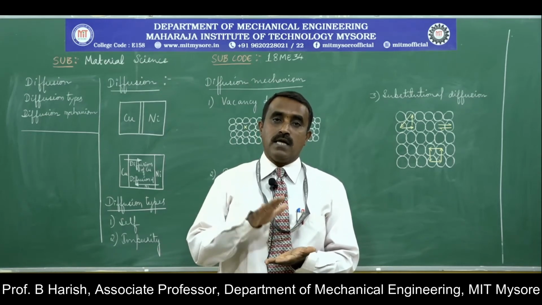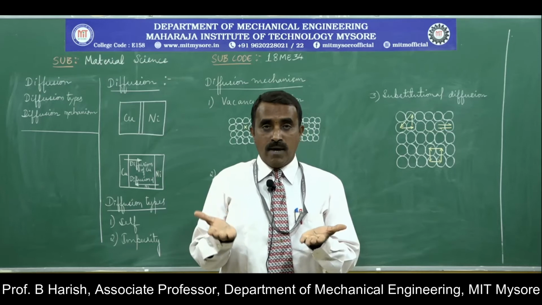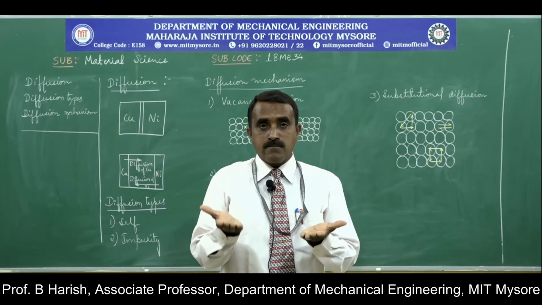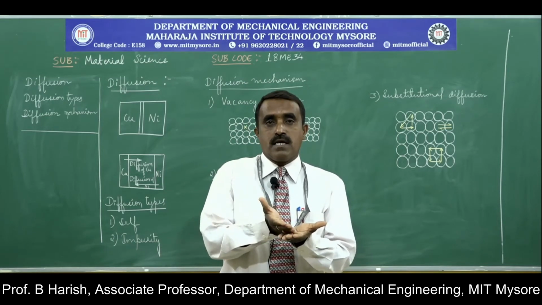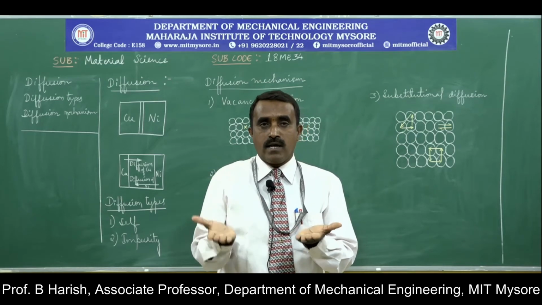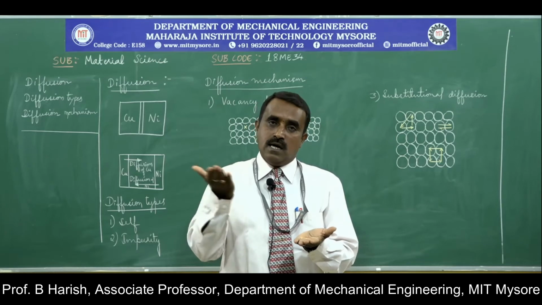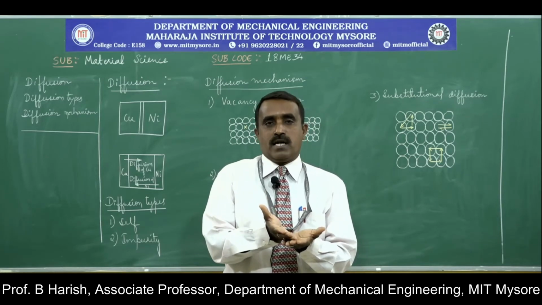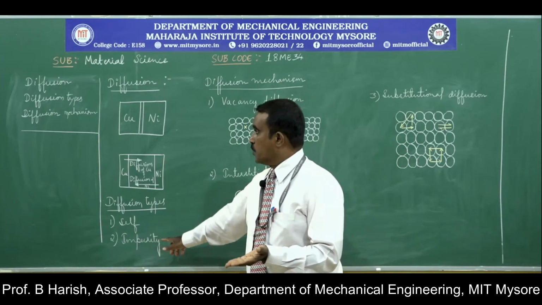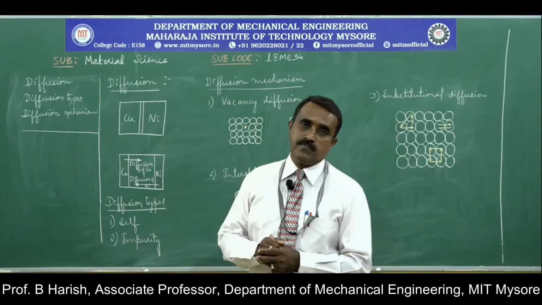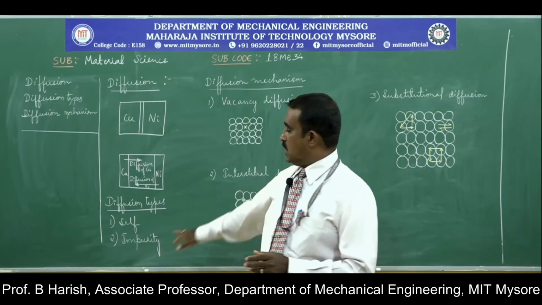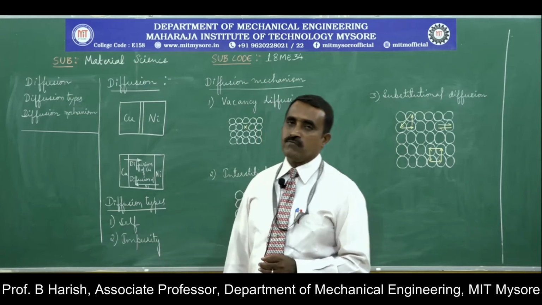This is the type of diffusion where we have two different crystal structures, and atoms of one get diffused into the other. For the original structure, the second one is an impurity atom. Hence it is called impurity diffusion. So there are two types: self-diffusion and impurity diffusion.